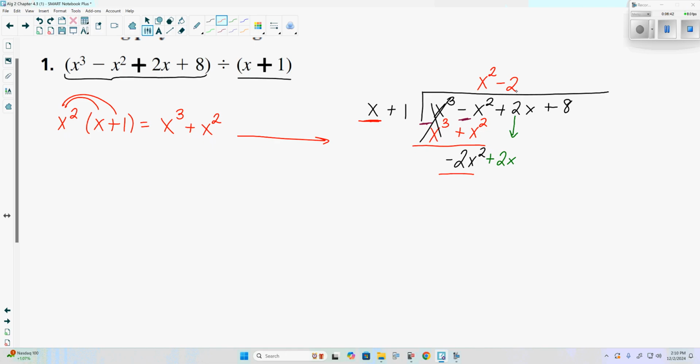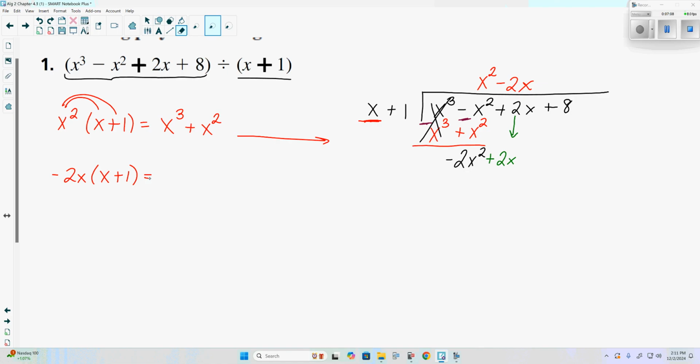What times x is x squared? It would be x. So what times x is negative 2x squared? It would be negative 2x. And we can multiply through again. Any questions on how we got negative 2x?